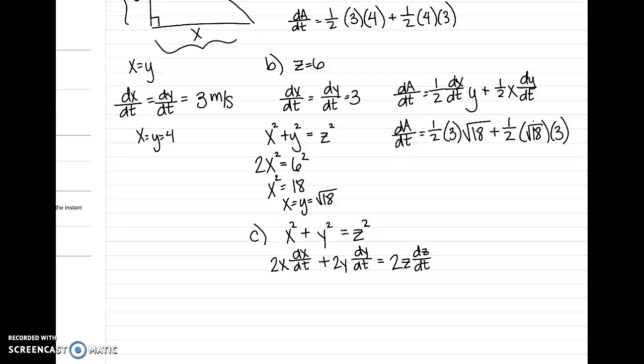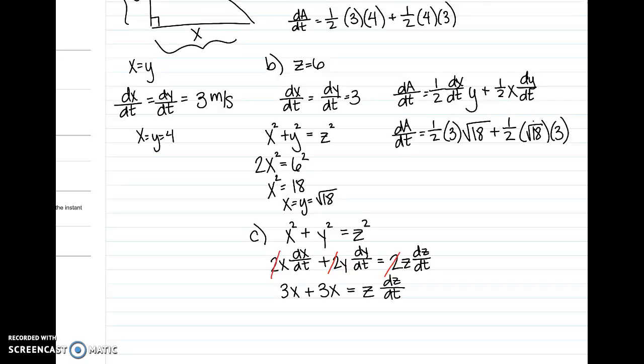We can cancel the 2's if we want to. Okay. Well, we know that dx/dt and dy/dt are both 3. And we know that x and y are the same, so I'm going to call them both x, right? So 3x plus 3x equals z dz/dt.